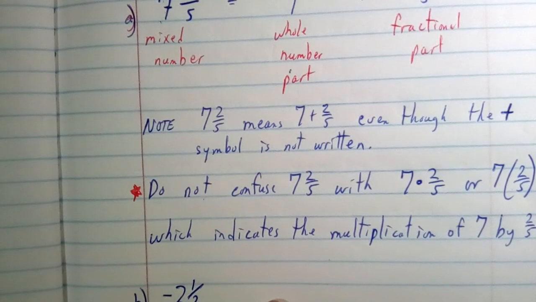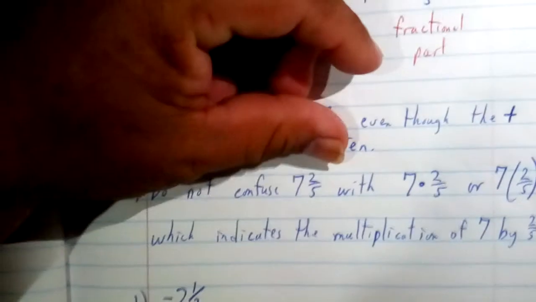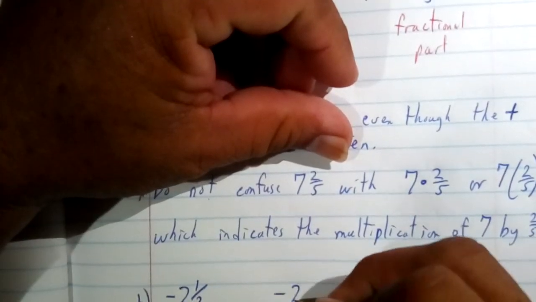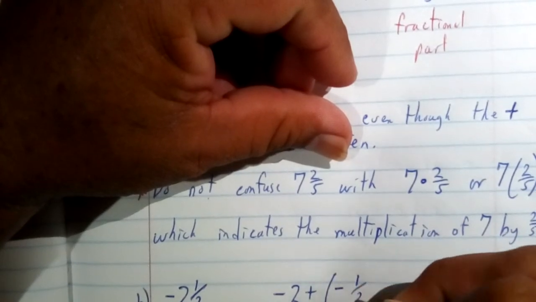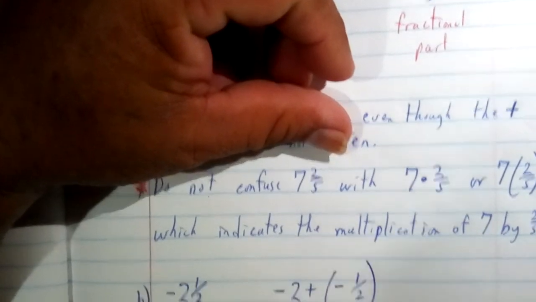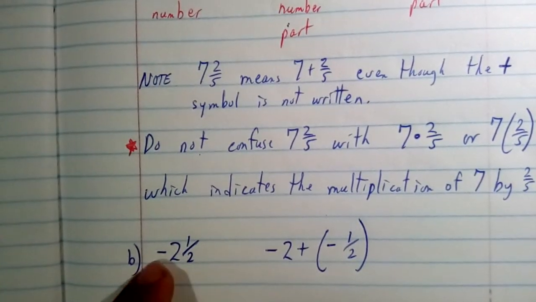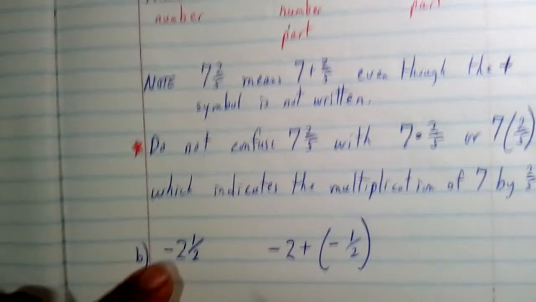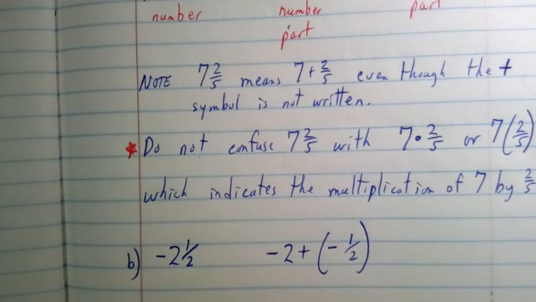So let's think of this as negative 2 plus negative a half. That's what this means. So any mixed number which is negative, the whole number and the fraction, they are both negative. That's why you call it mixed number.